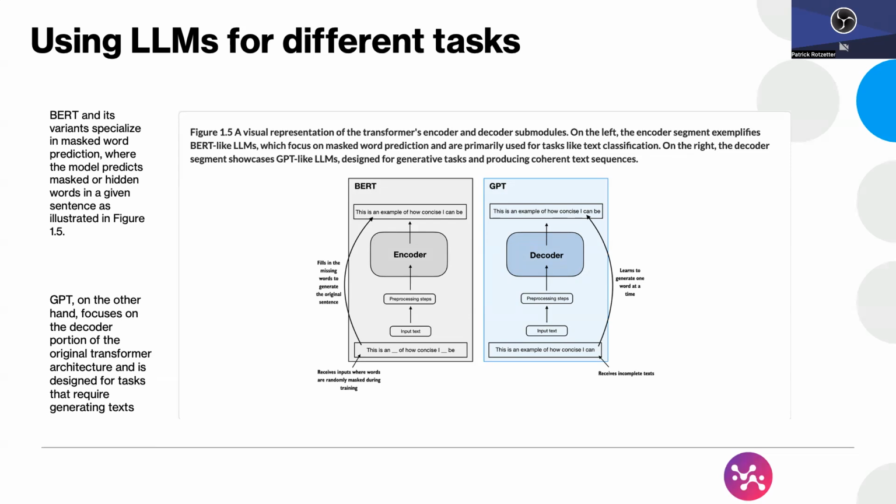An encoder is not trained to generate text. It's trained to understand the text in a sense, to understand the whole sentence. That's why it's trained differently than a decoder only. The decoder is trained using text and is trying to predict the next word in a sentence. So the way they are trained is different.